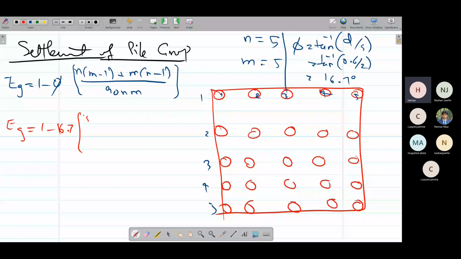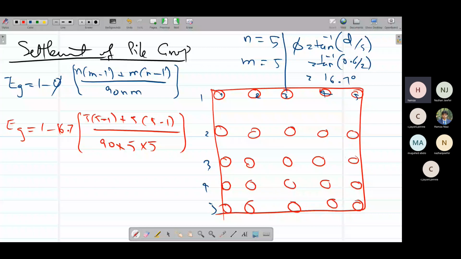So if we plug in the values, 1 minus 16.7 × (5 × 4 + 5 × 4) over 90 × 5 squared, that is 0.70. So the group efficiency is 70%. Right, so this step we have already gone through before. So the group efficiency is 70%.